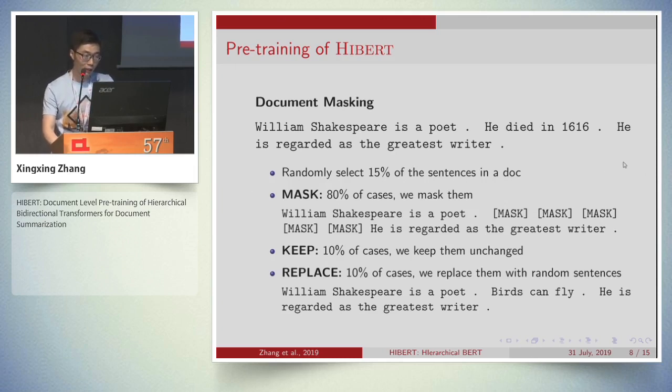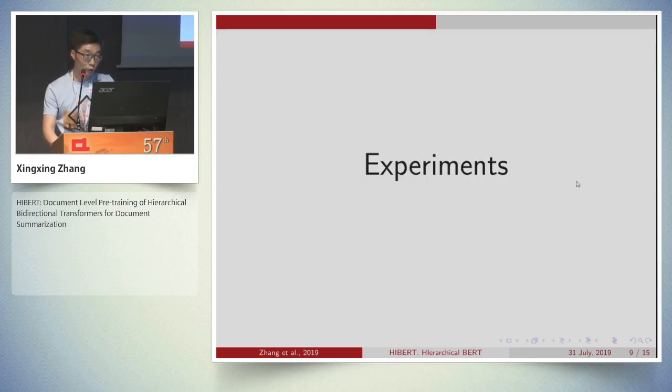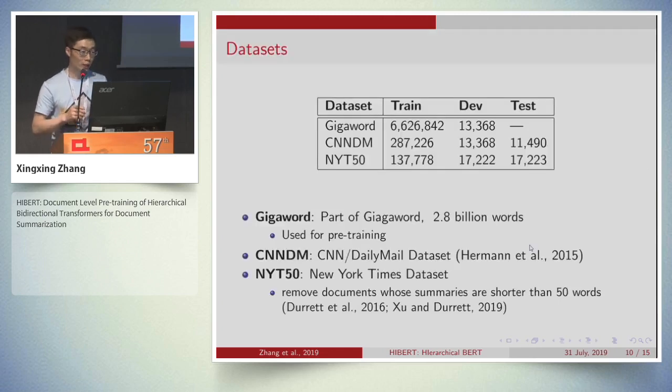Okay, here is our model. Now let's go to the experiments. We train our model on 3 data sets. The first data set is the Gigaword dataset, which contains 6.6 million documents. That's a very large data set, and we use it for pre-training.